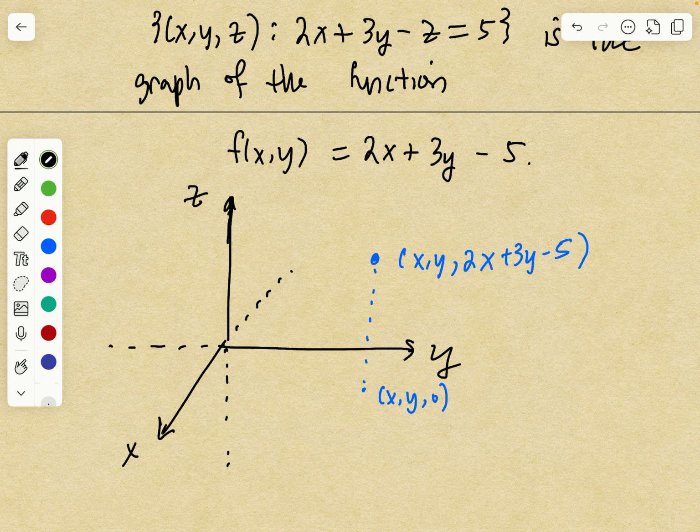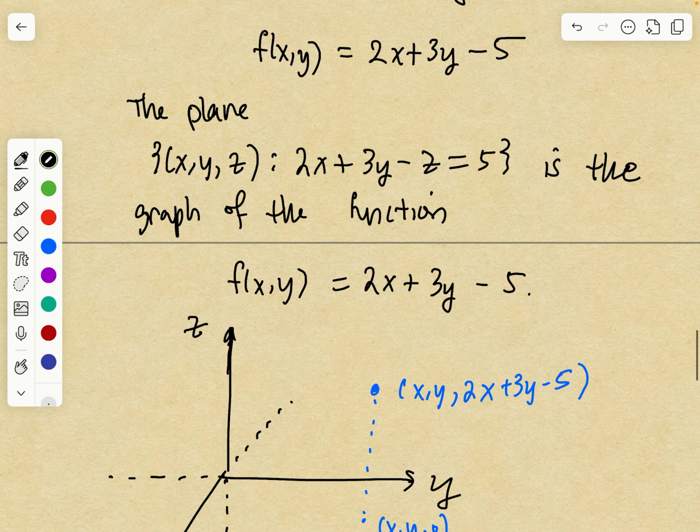If I do that for all the points, I'm going to get this plane. And I see that I have a normal vector 2, 3, negative 5. No, sorry, what am I saying?